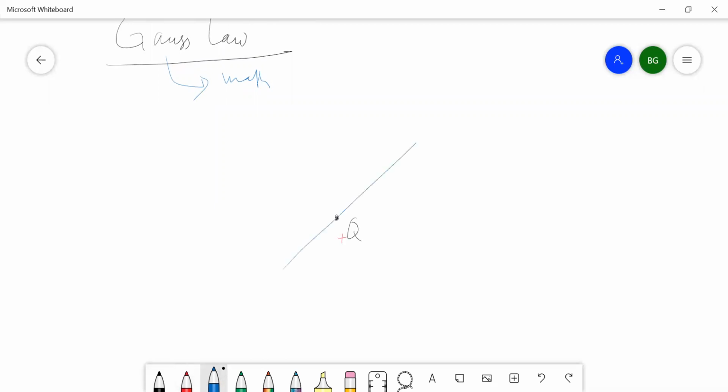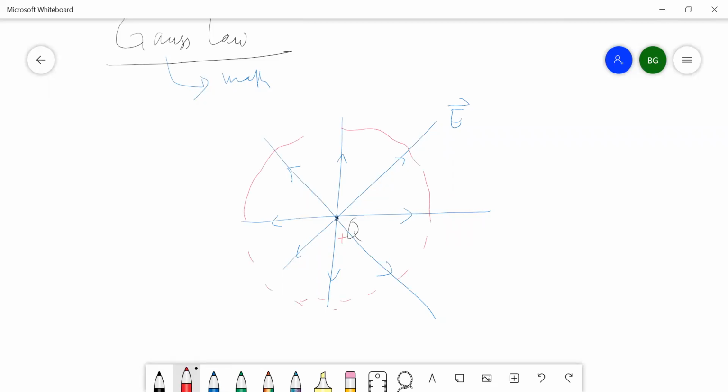So we have the electric field lines going outward, like this, electric field line or electric force line. Then we can make a surface like this. The surface is a sphere.